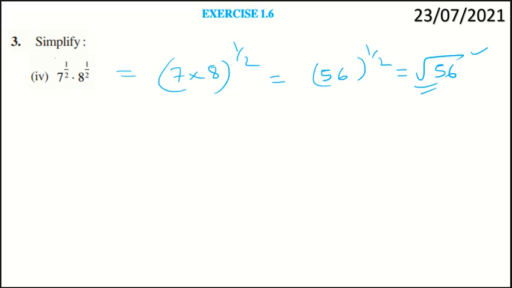Exemplar problems from the number system you need to take and solve on your own, and we will do discussion of that as and when you get doubts through a WhatsApp group, and I will definitely help you if you fall back to me with any of your doubts from the exemplar questions from the number system.